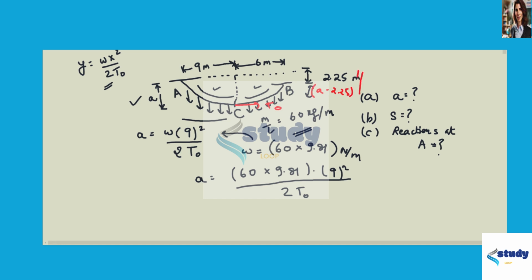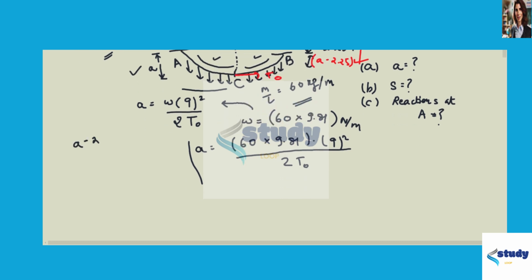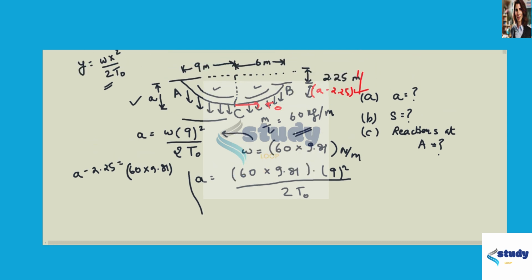So a minus 2.25 is equal to the weight per unit length, 60 into 9.81, times x square, where x this time is this horizontal distance, 6, so 6 square over 2 T naught. This is our second equation.